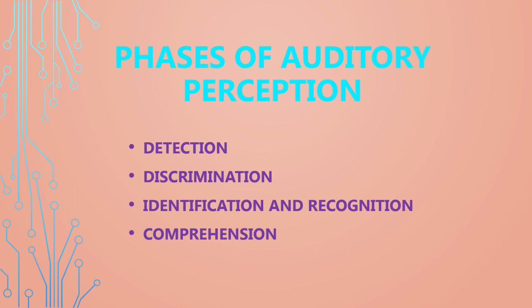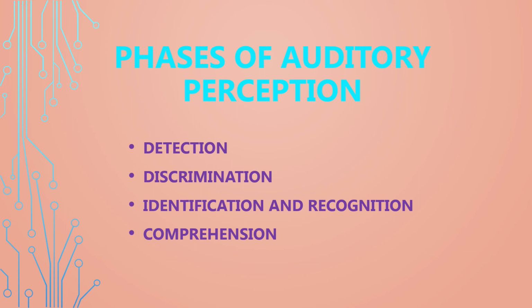So the sound wave must have enough intensity and it should be within audible range. Then only the brain will be able to detect it. So the brain has to detect where the sound is coming from, and it can even tell whether the source of the sound is moving or not.